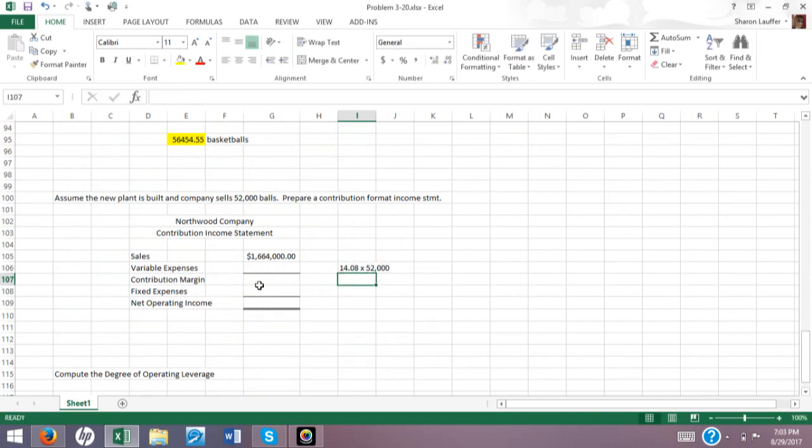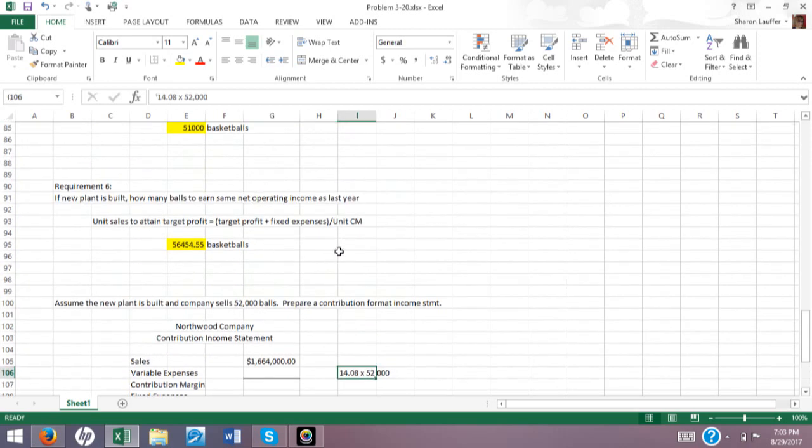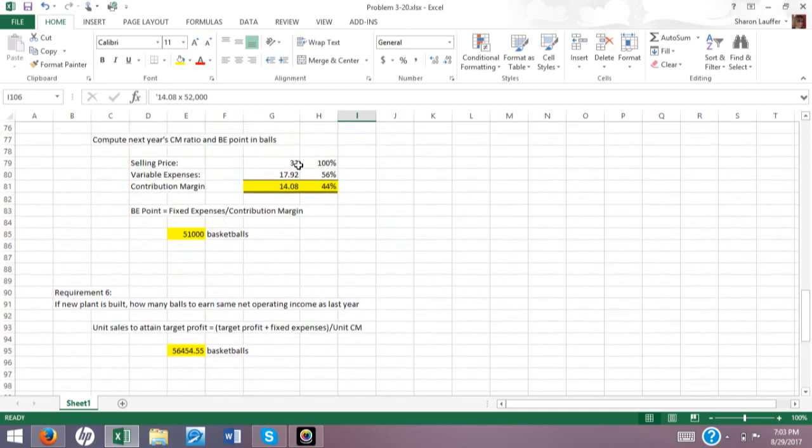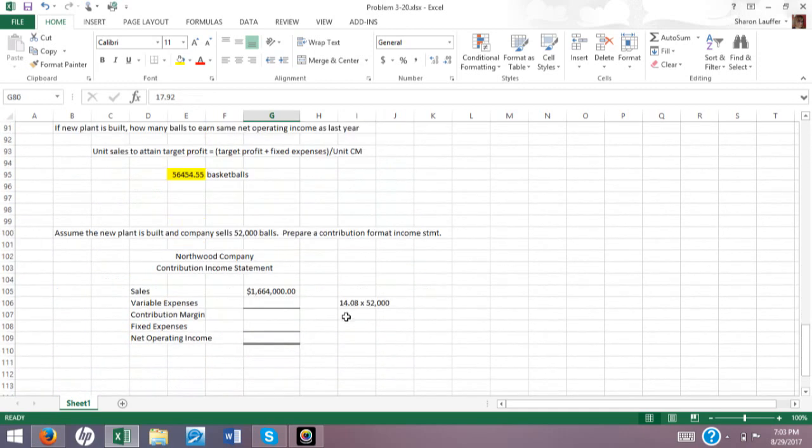So that 14.08 times 52,000 is, whoops, I'm doing something wrong. Try that again. 52,000 times 14.08. I'm pulling the wrong number from somewhere. Oh, I'm sorry. 1792. Help if I could read my own spreadsheet.